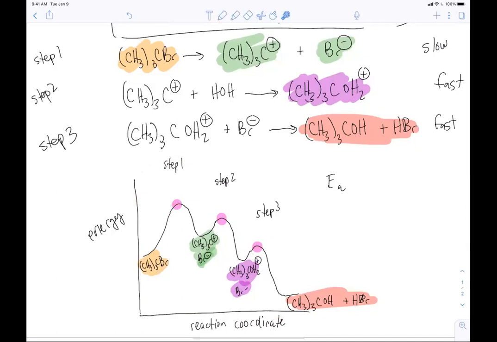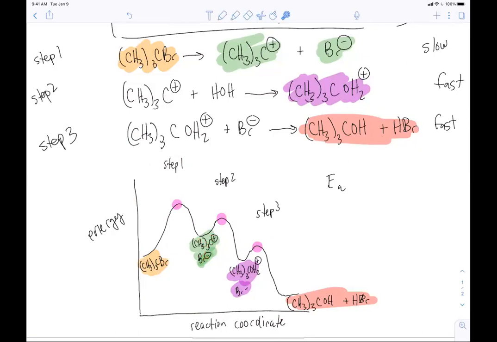So I go through these three different transition states. The transition states, the peaks here, are not things that we can actually see. They're these weird chimeric things that kind of form. For example, in going from here to here, you have a bromide bonded to a carbon, and then that breaks to form this intermediate here.